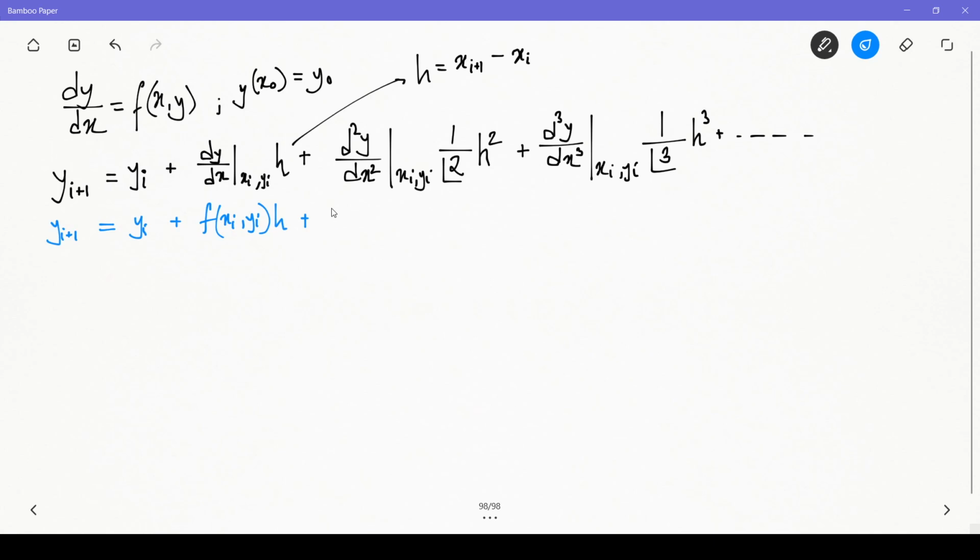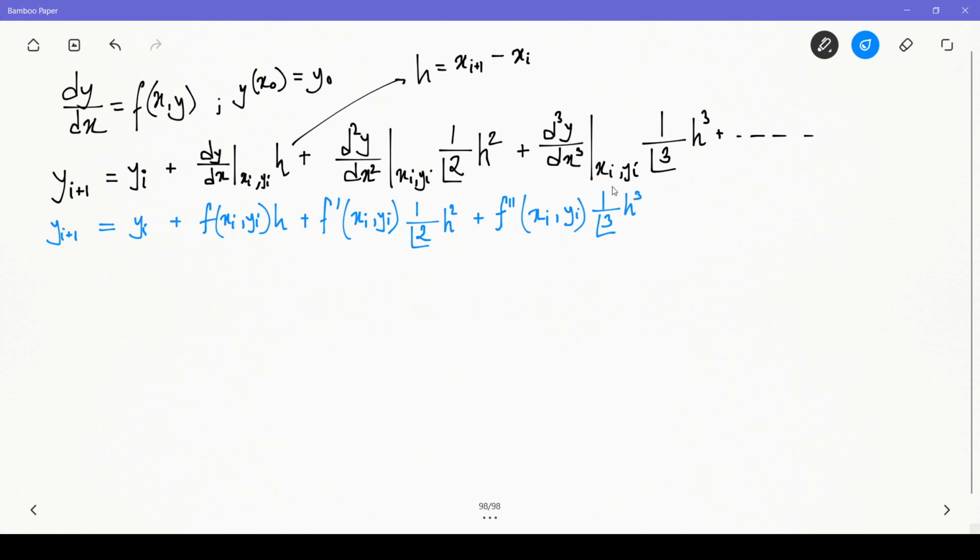Since this is the second derivative, which means we are differentiating the bivariate function once, we have this f prime of xi, yi times 1 by 2 factorial h square plus, again we'll differentiate two times, which means the second order derivative of the bivariate function, f double prime of xi comma yi times 1 by 3 factorial times h cube, right?